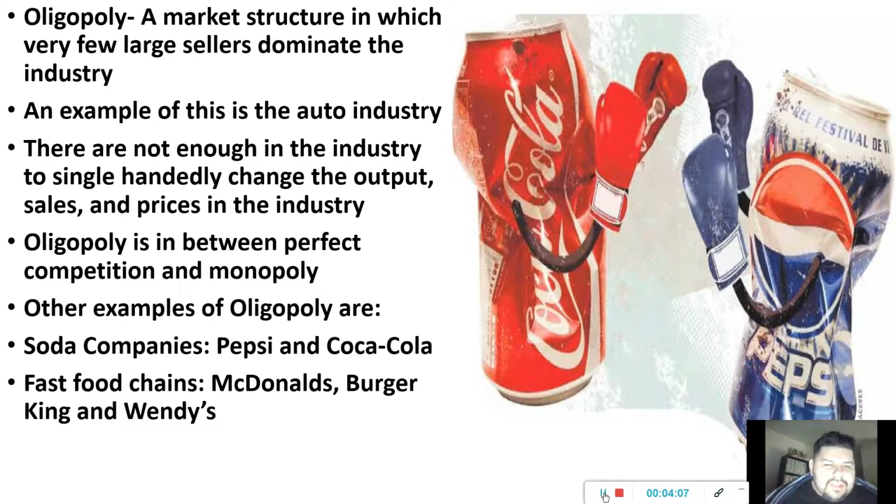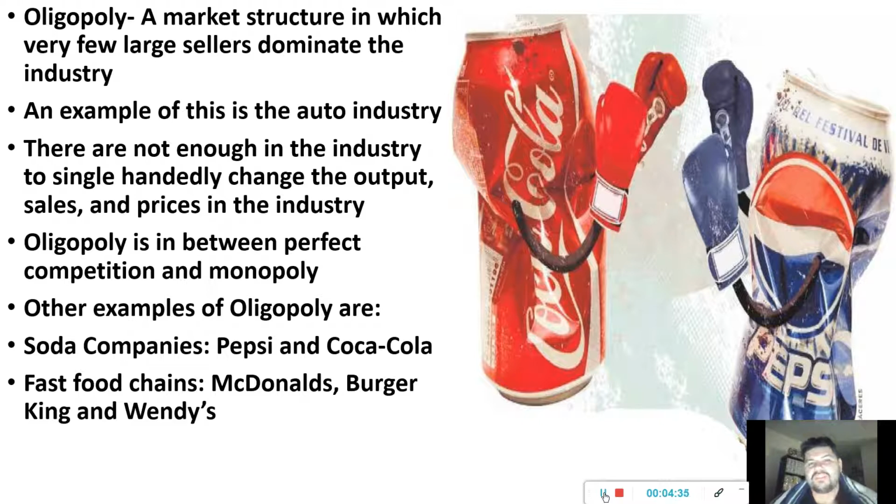Now, the thing is, there are not enough companies in the industry for a single company to basically control the output, the sales, and the prices. Okay. There are very few companies in this particular industry, but it's not like one dominates over the other, because the other ones are still butting heads with them.